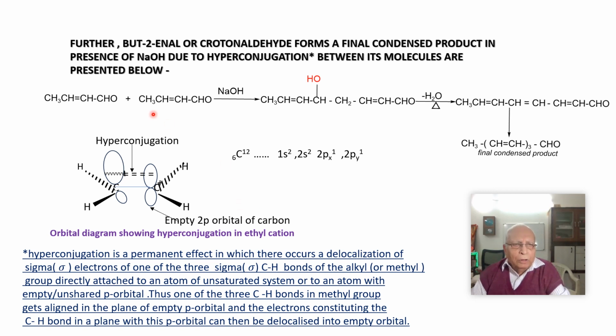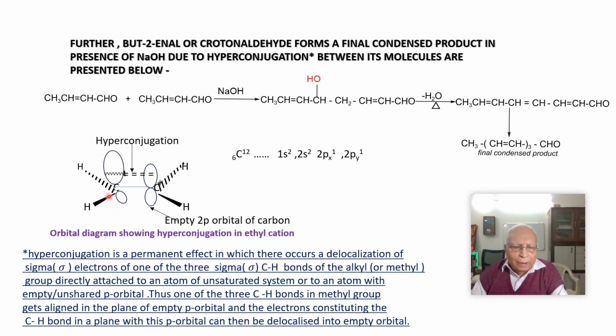Now, when a double bond is formed, as in alkenes, we find that there is one sigma bond and one pi bond, which is formed by sideways overlapping of the p orbitals. One of the carbon atoms contains CH3, that is the methyl group or any alkyl group.